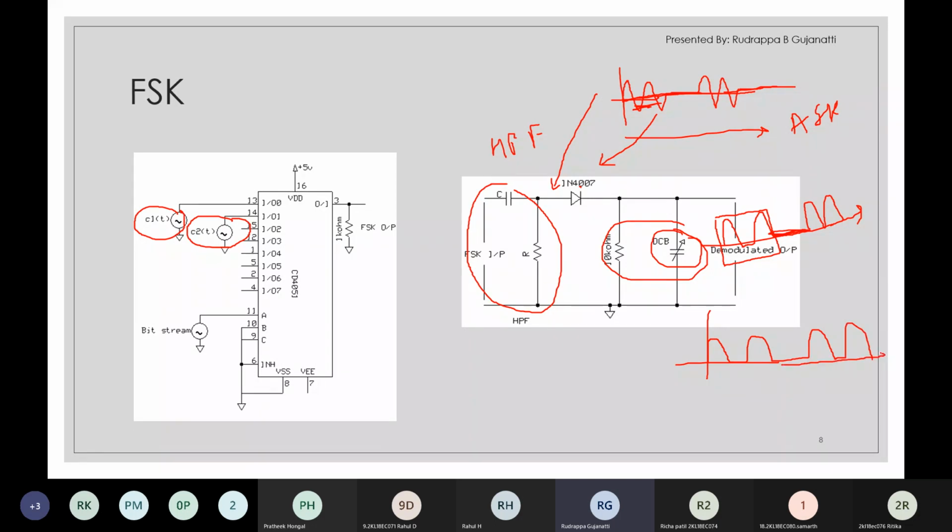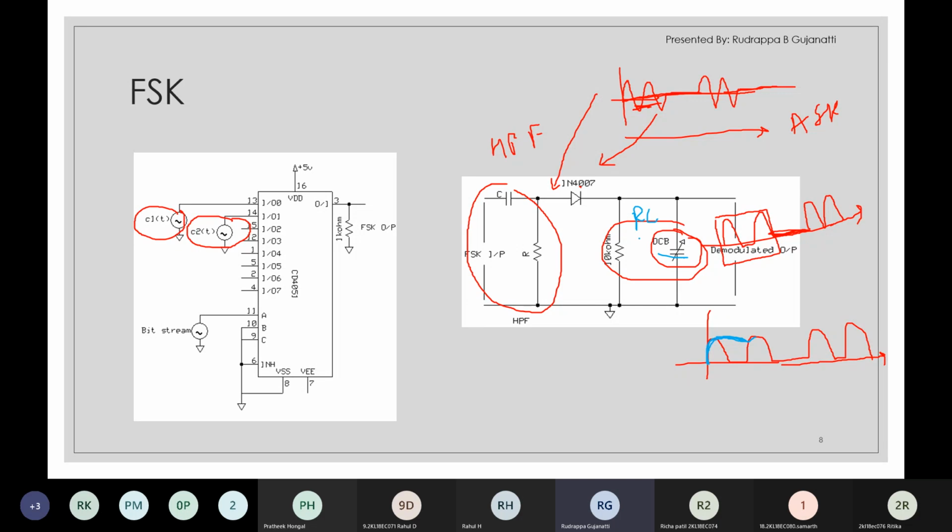That is the output of the demodulator. If I adjust the RC time constant here and the filter is properly designed, I can reduce the discharging rate and it can maintain its peak until the next value is obtained. This blue line represents the capacitor getting charged, and when it goes to zero, it starts to discharge.